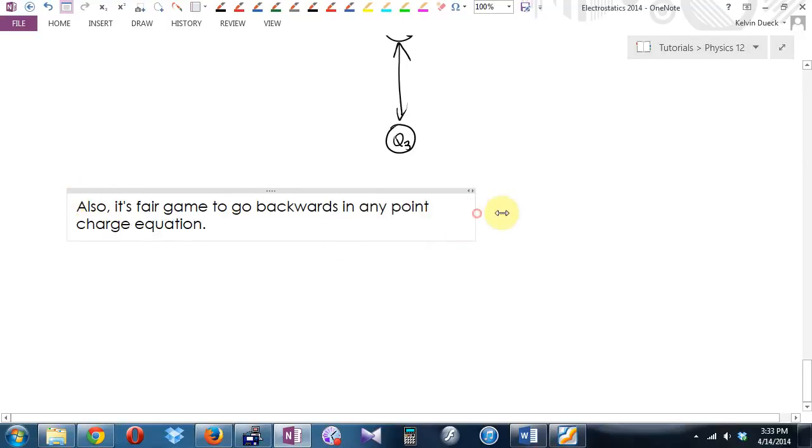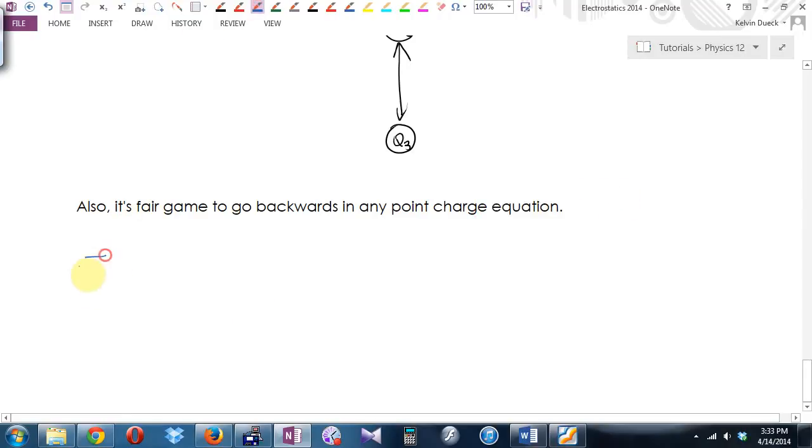So, for example, if you know the force, I would have no problem giving you the force and saying, find charge 1, or giving you the force and saying, find the radius, or giving you the force and saying, find charge 2. I would have no problem giving you the electric field and saying, find the charge or find the radius.